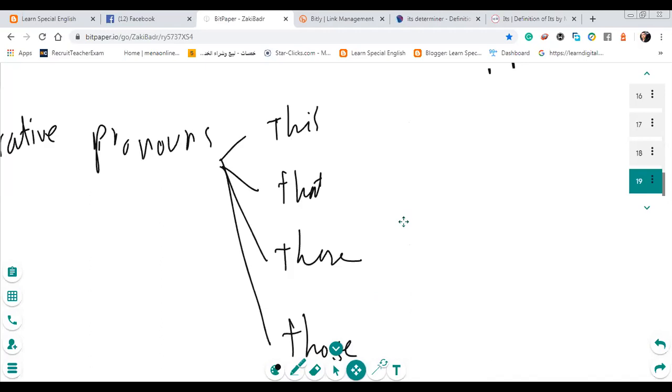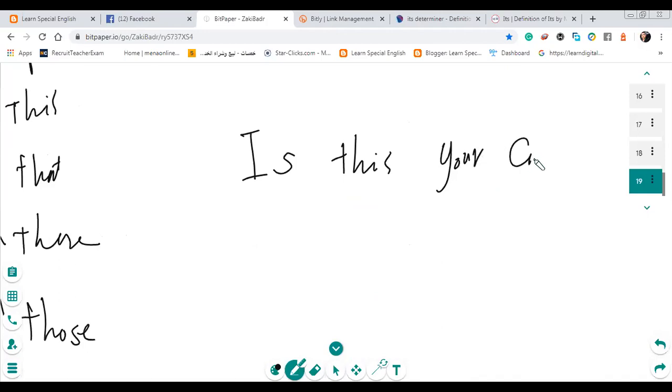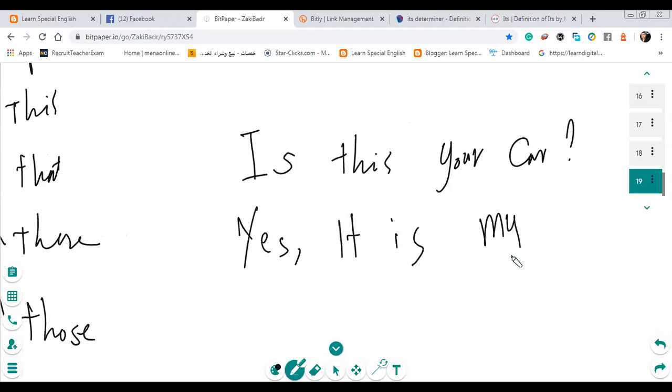Is this your car? You tell me yes, it is my car, or you say yes, it is mine.